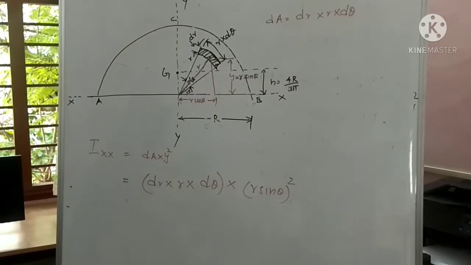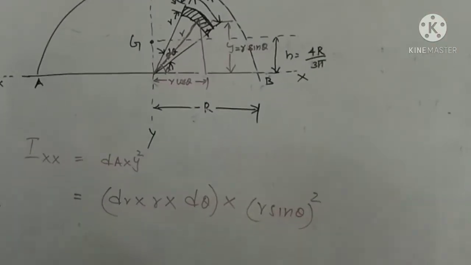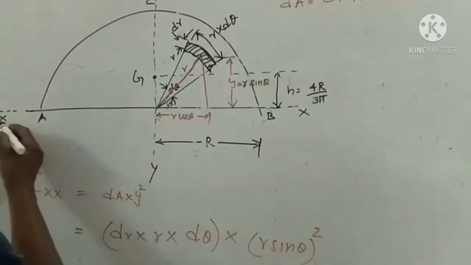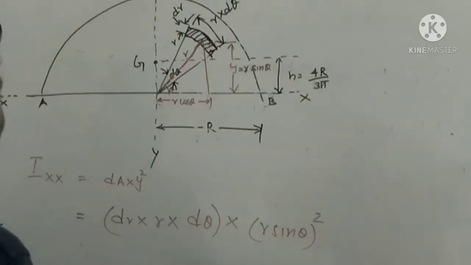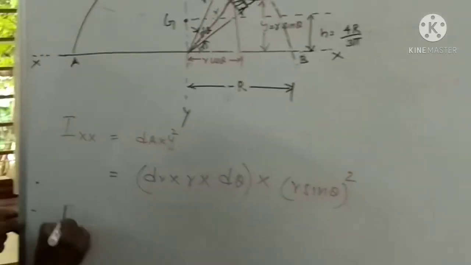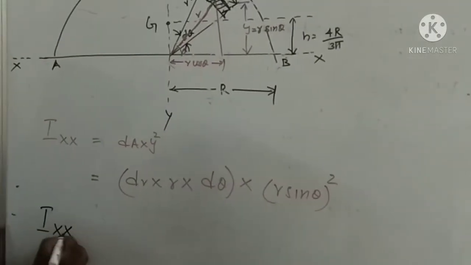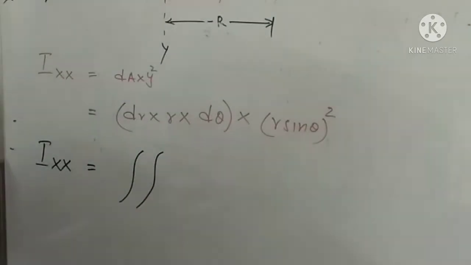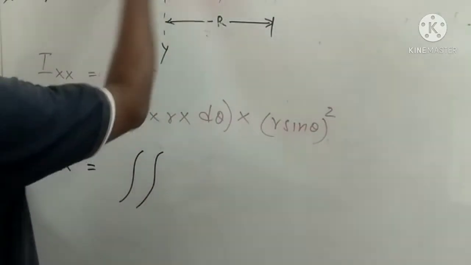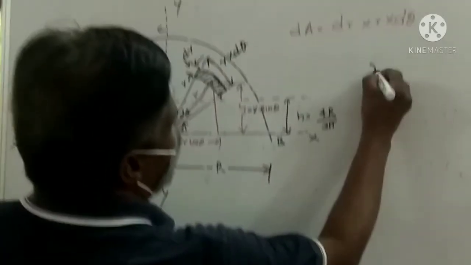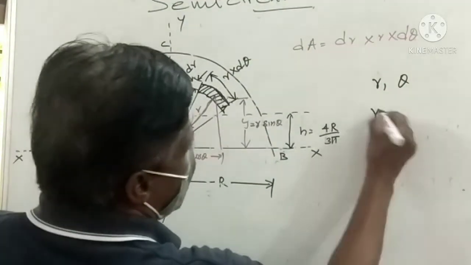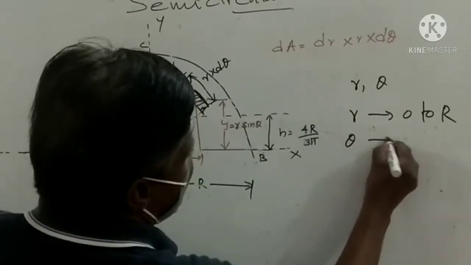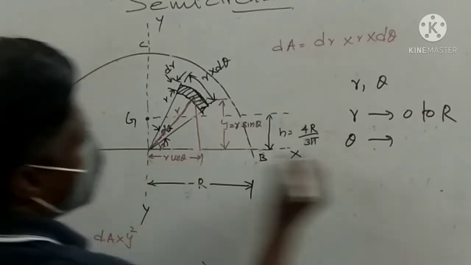We have to find the moment of inertia of the whole semicircular lamina about the reference axis Ixx. Therefore, the expression will be a double integral. This semicircular lamina has two parameters, r and theta. R varies from 0 to r, and theta varies from 0 to pi.